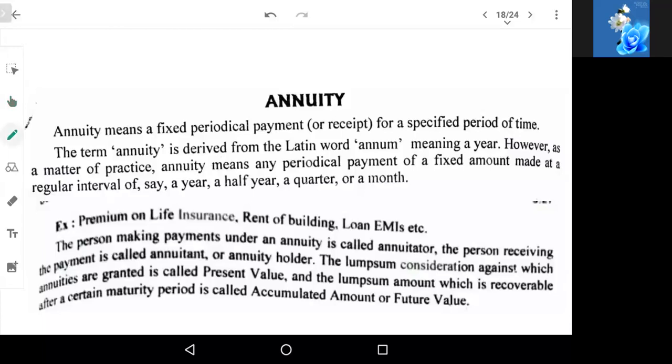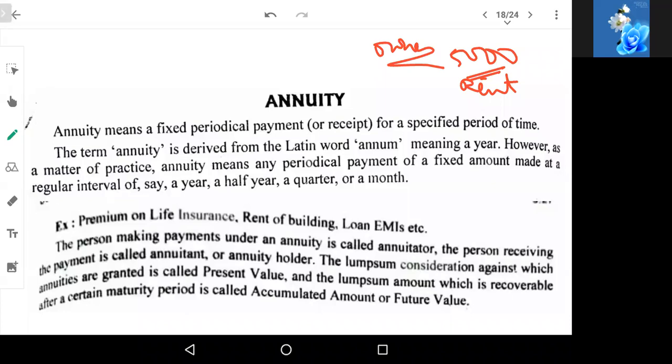If that rent is 5,000 rupees, every month I will be paying 5,000, 5,000, 5,000. So I will become the annuitator because I am paying the rent. And the owner who will receive the payment will become the annuitant or annuity holder.